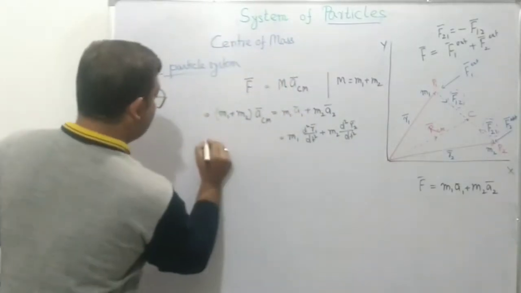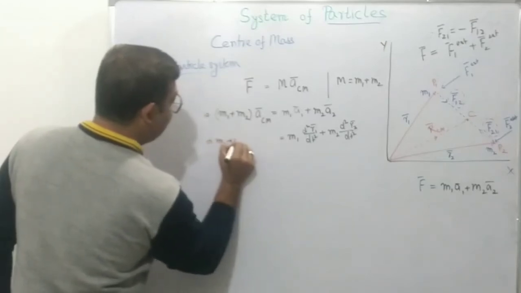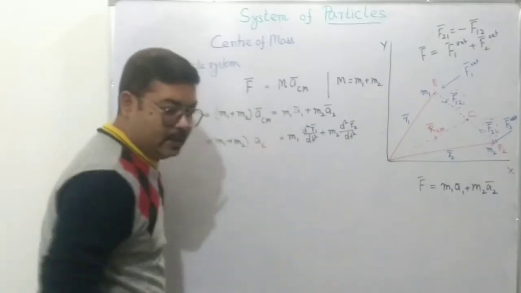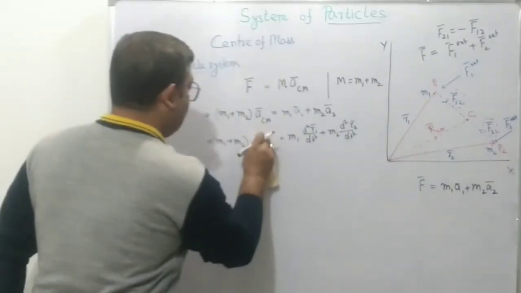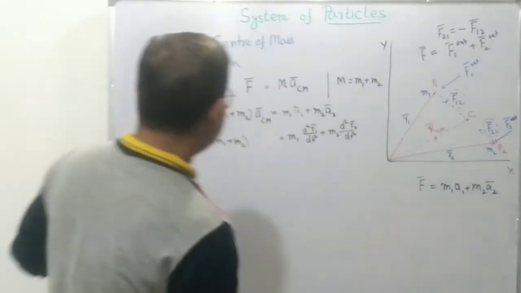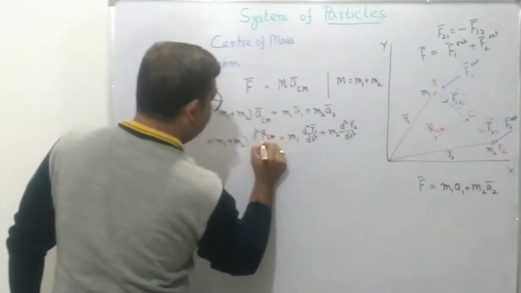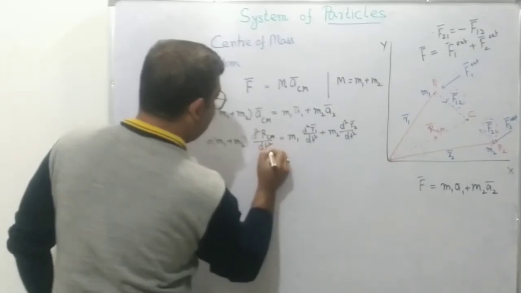Fine. So we have m1 plus m2 multiplied by acm. Sorry, instead of acm, it can also be written as d square rcm by dt square.